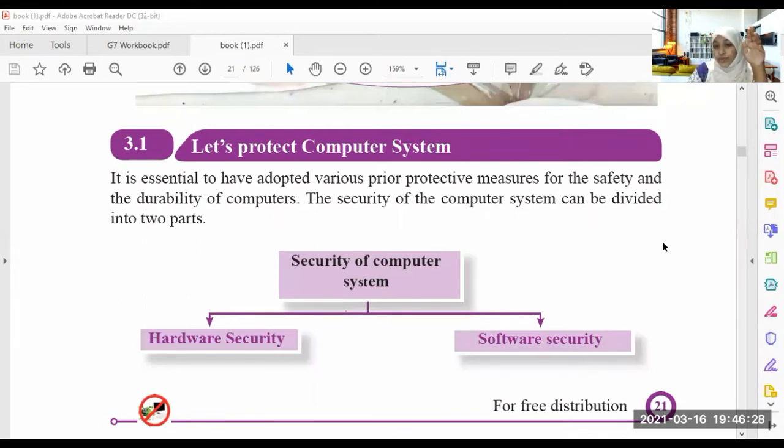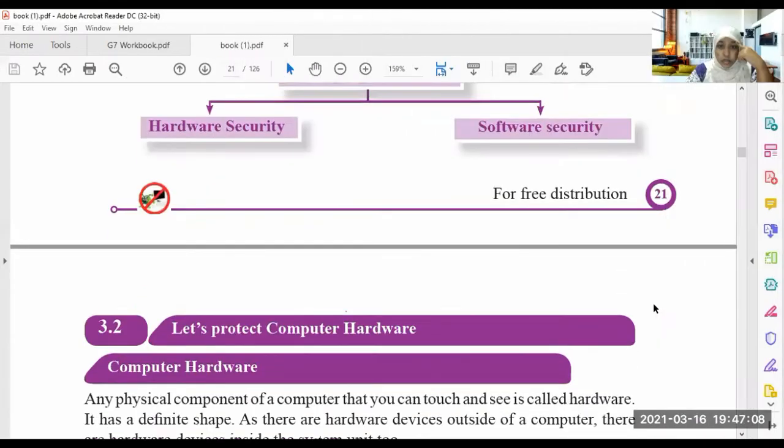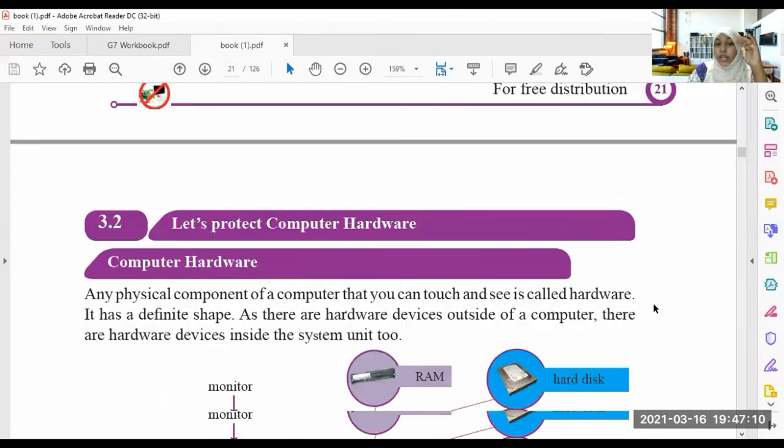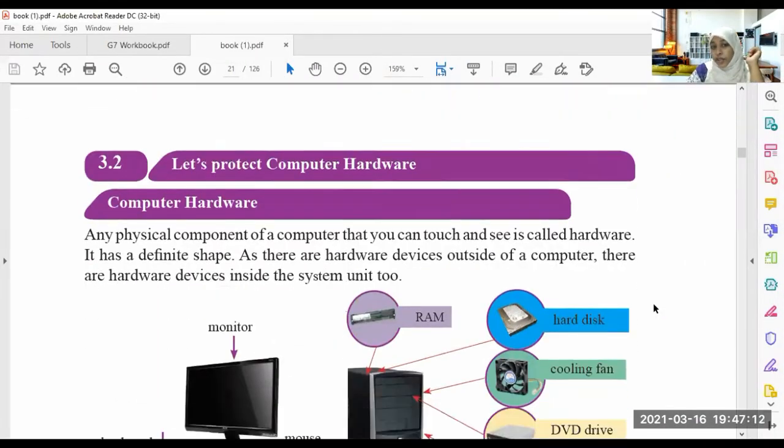Two. Okay. So we can divide the security of the computer system into two parts. One, hardware security, and another one is software security. Let's learn about hardware security.